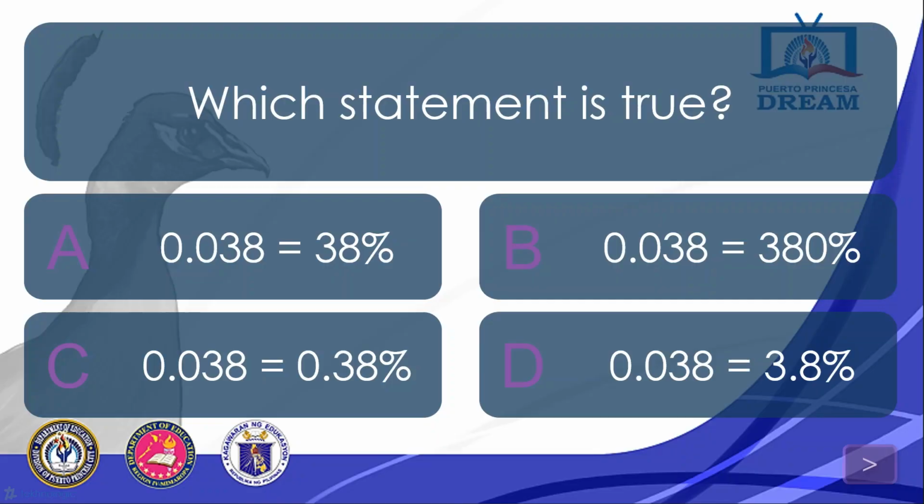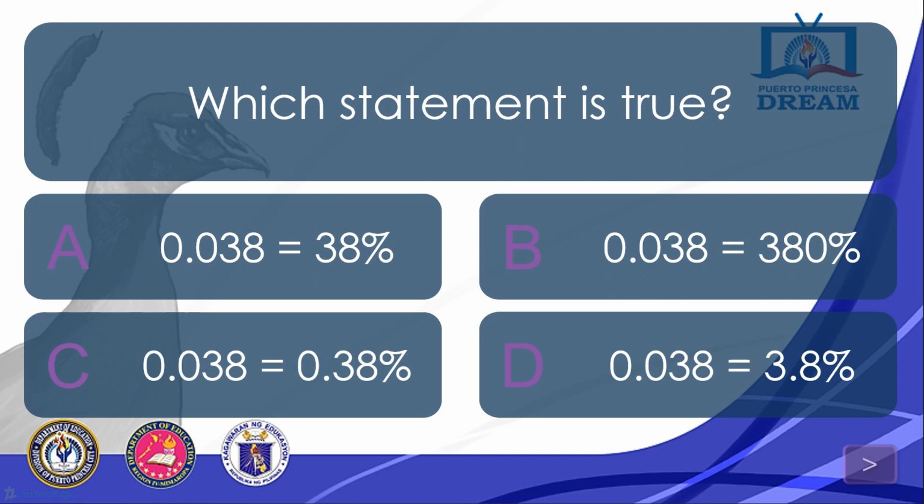Which statement is true? A. 0.038 is equal to 38%. B. 0.038 is equal to 380%. C. 0.038 is equal to 0.38%.